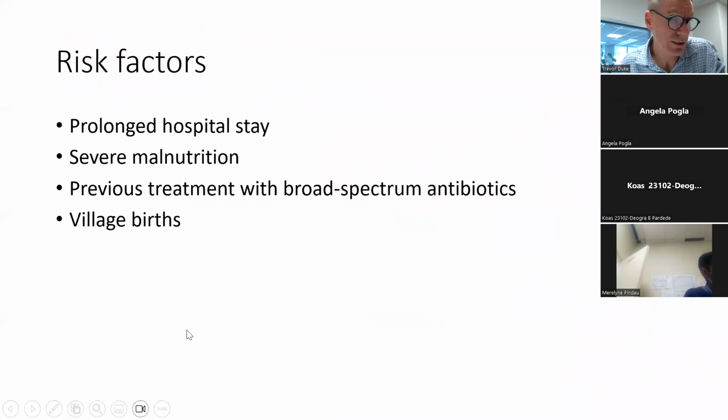The risk factors, as I said, in those days were if a patient had stayed in hospital for a long time, like many weeks or months, then they were highly likely to have resistant gram-negatives colonizing their skin or their respiratory tract. If they had severe malnutrition, if they had previous exposure to broad-spectrum antibiotics, or if they were village births with unsterile deliveries. And I think that those risk factors still hold up today.